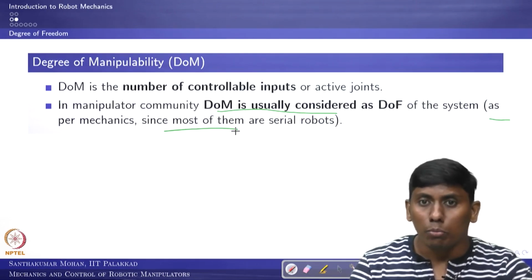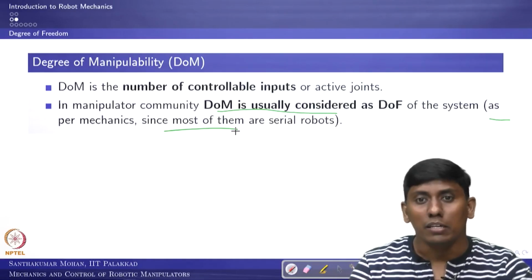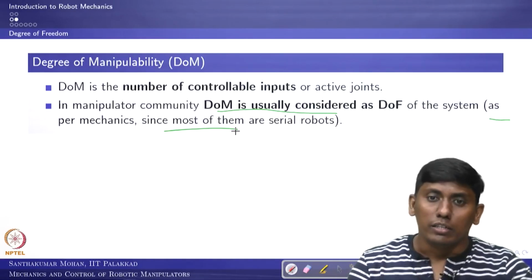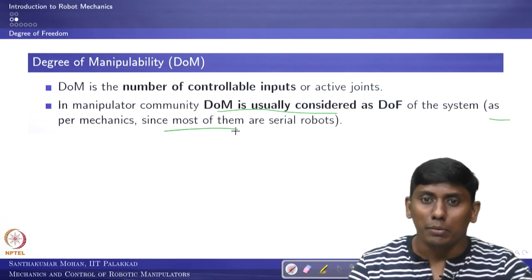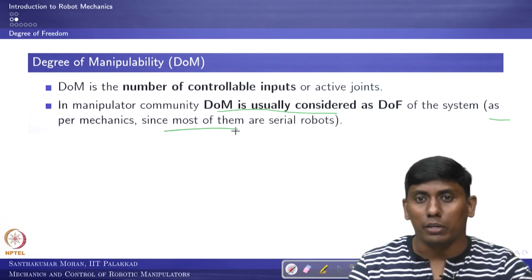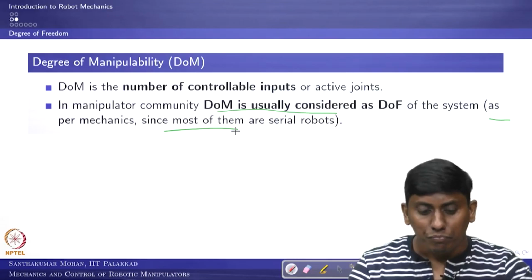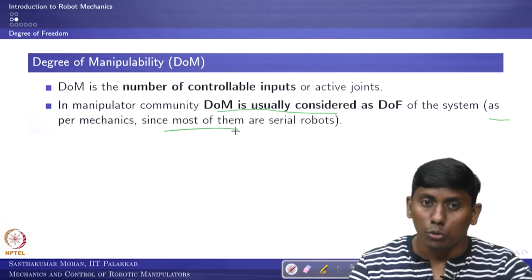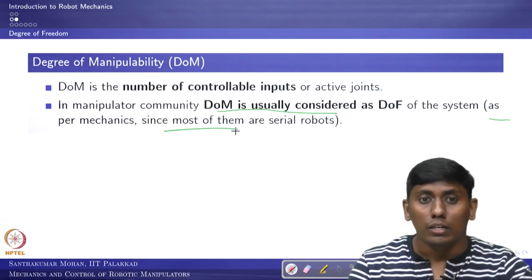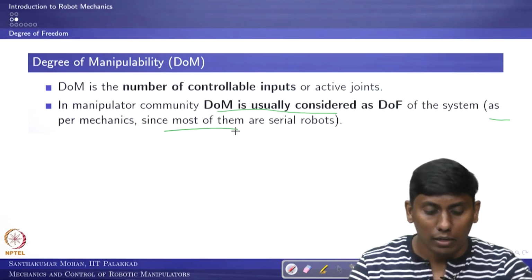If you have a redundant robot, then strictly speaking you cannot call it a 7D system, but commonly we say the system is a 7D system or 8D system, while to describe it in space only 6 variables are required, right? But you have 7 inputs, in the sense it is redundant. We will see further on how we classify robots: holonomic robots, redundant robots, and under-actuated or non-holonomic robots and all, but that is not the scope of this particular content.